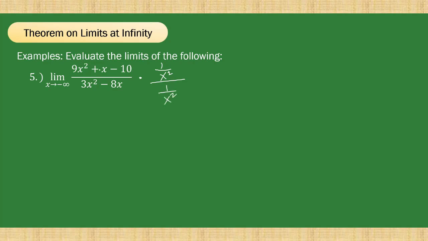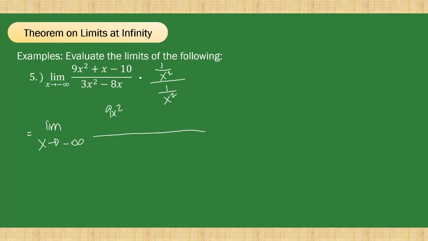Kung meron ditong x cubed, tapos sa denominator x squared, lagi dapat masusunod yung highest exponent. So, dito ay x squared yung involved. So, still we get the limit as x approaches negative infinity.